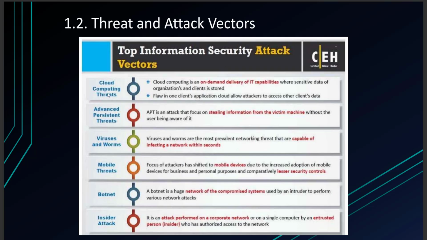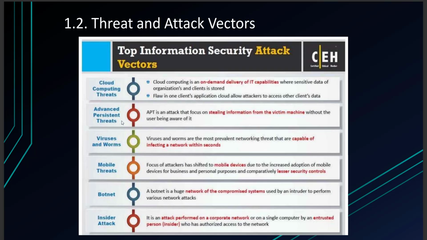We have vulnerabilities and threats inside the cloud. Let's say Amazon, AWS, cloud servers, wherever. We have something called APTs, advanced persistent threats, which are malware that can stay inside your victim machine, inside your machine, without letting you be aware that they are there and they are stealing your data. And these are parts of the viruses and worms.